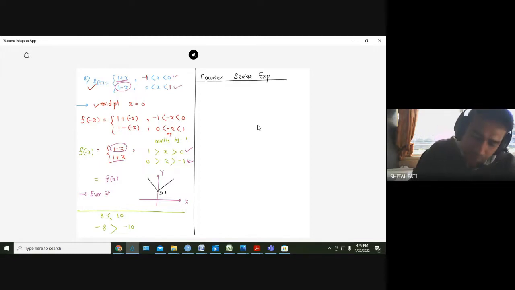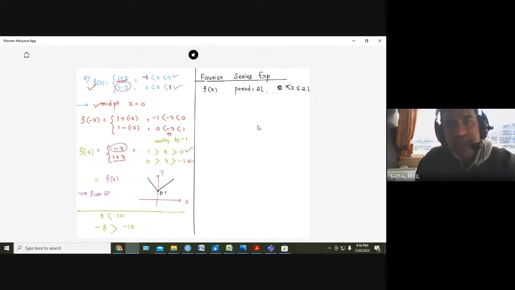Suppose f of x is a periodic function of period 2L, defined, for simplification, between 0 to 2L. I'll change this interval in the next part, C to C plus 2L.